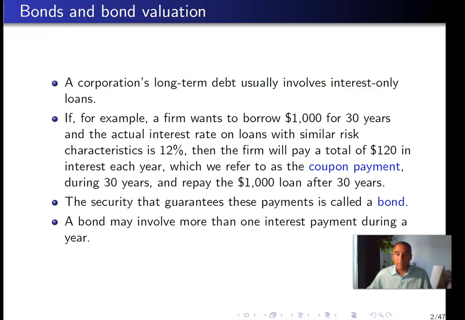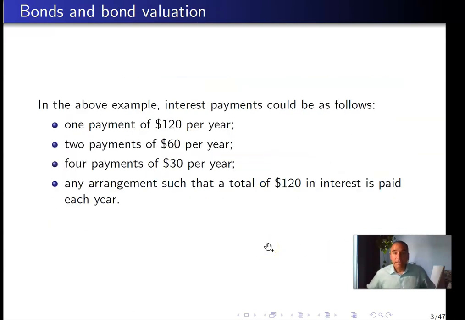So when we talk about a bond, the bond is interest only before the maturity date, and at the maturity date, the last coupon payment plus capital is repaid. Here's an example.